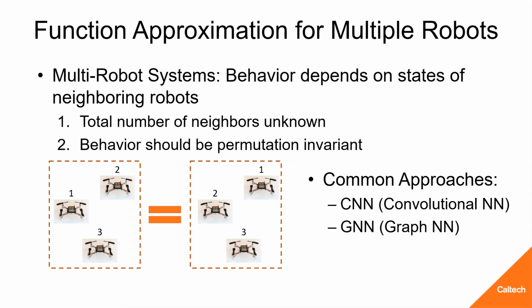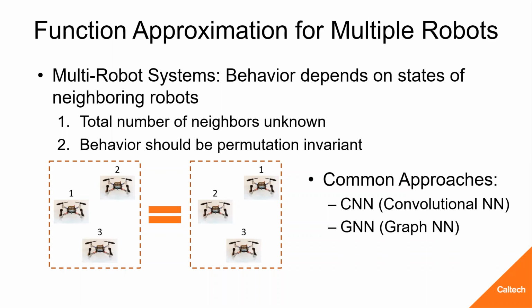A little bit newer, but still used, are graph neural networks. They typically also reason about communication directly. So you create a graph of robots that communicate with each other, and then when you deploy it, you also require this communication.